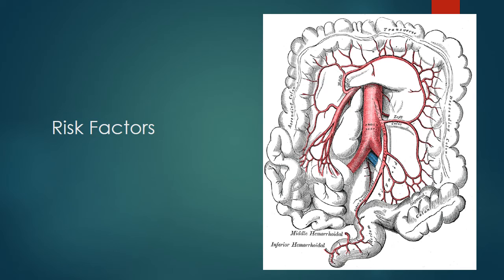There are a number of other risk factors associated with developing ischemic colitis, and these include myocardial infarctions and hemodialysis, which are also more related to the low flow states that are generally produced in those conditions.